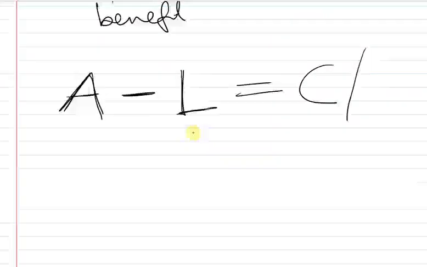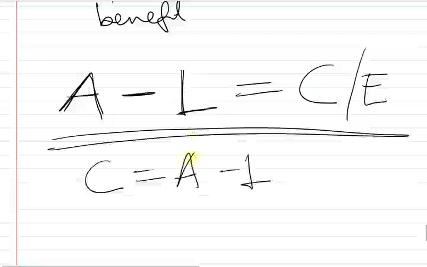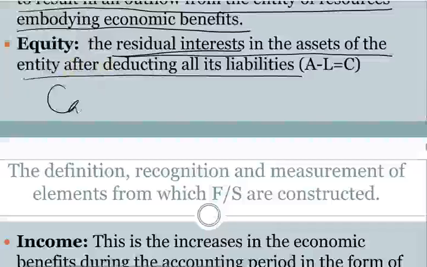You should deduct all your liabilities. That is equal to equity, capital or equity. You know the accounting equation. We say capital is equal to assets minus liabilities. So that's to do with equity or capital. So equity is the same as capital.